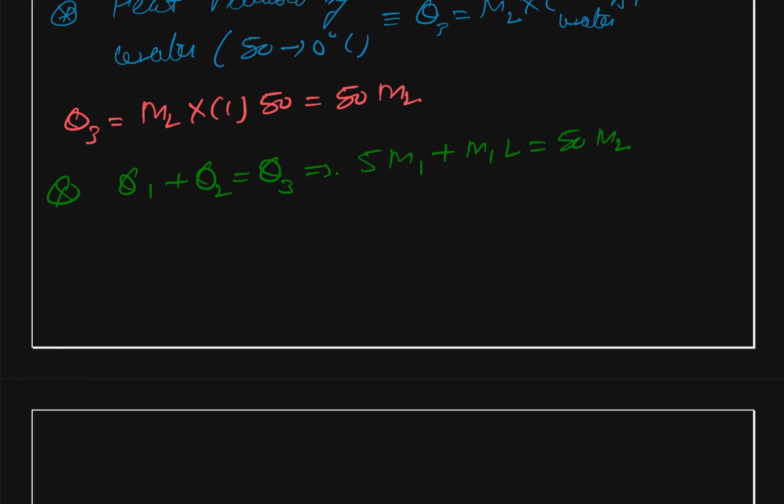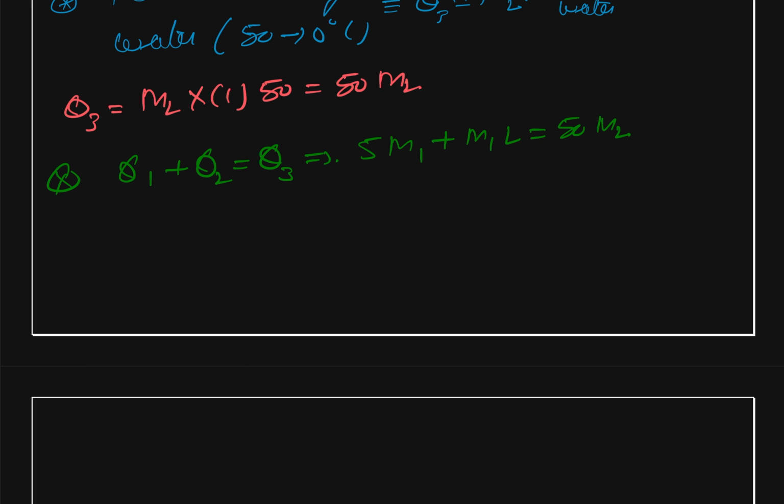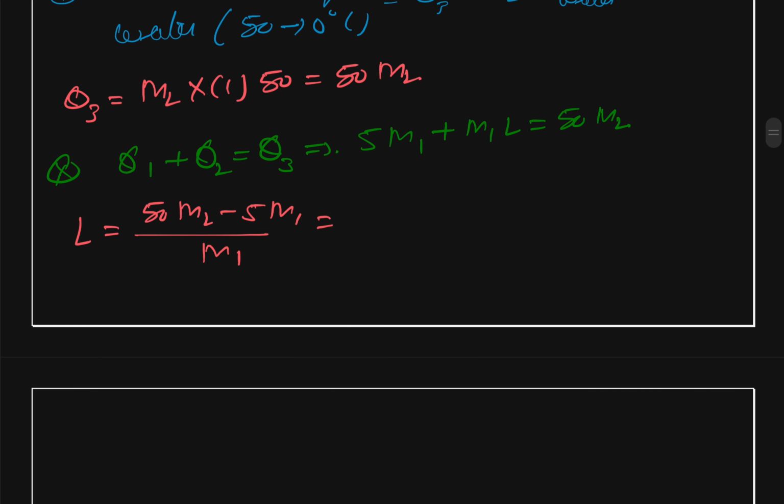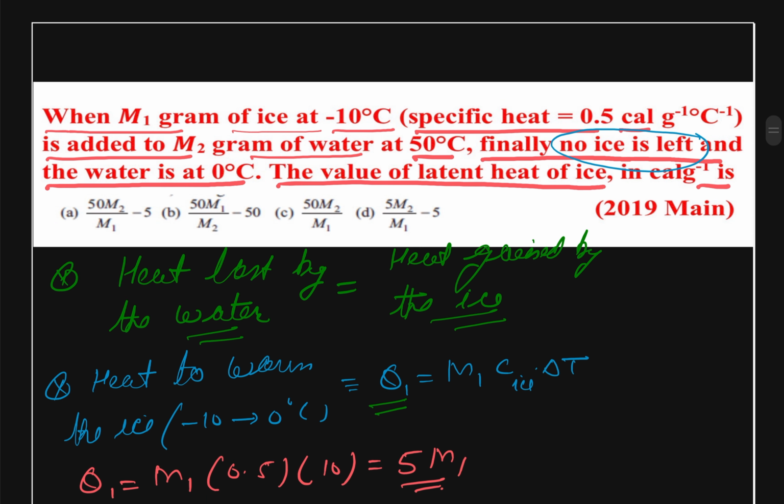And we are supposed to find out our L, latent heat, will be equal to 50m2 minus 5m1 divided by m1. So we can just shift the ratio as per our answer. So this comes as 50 m2 upon m1 minus 5. Option A is correct.